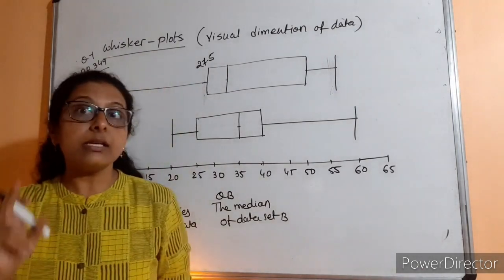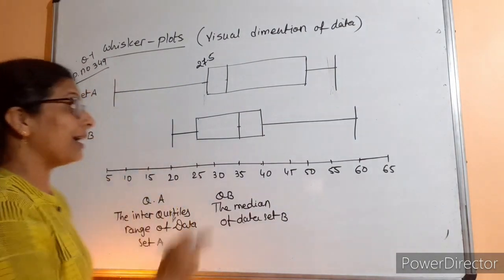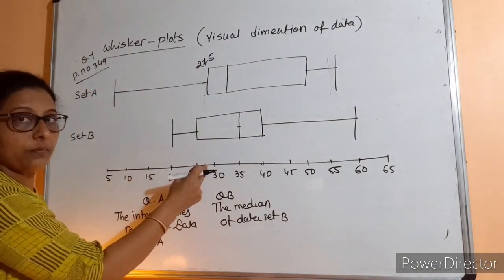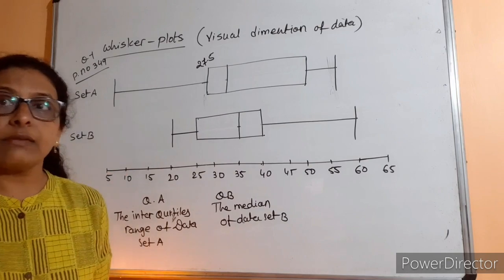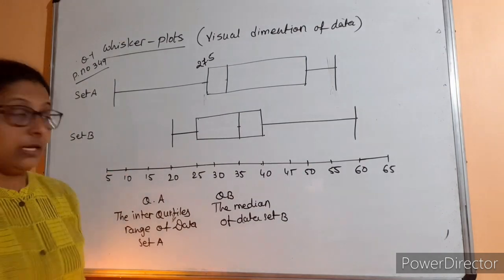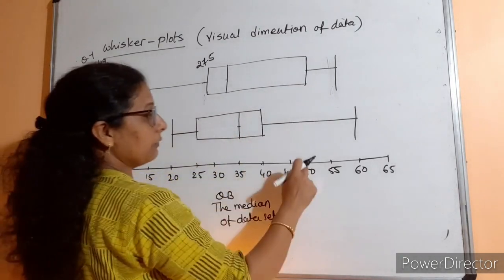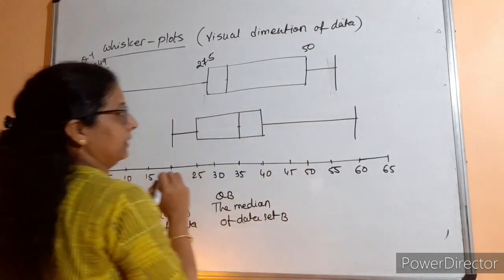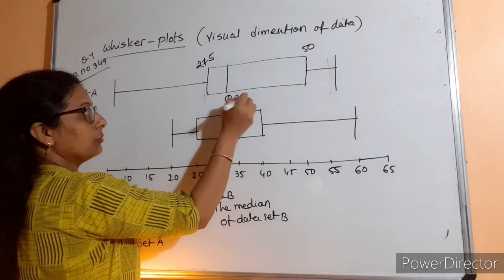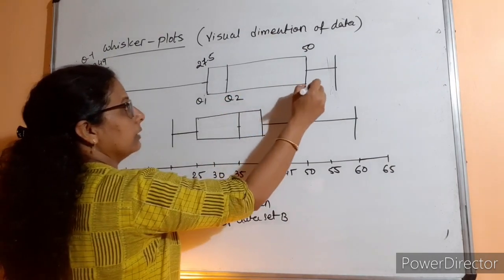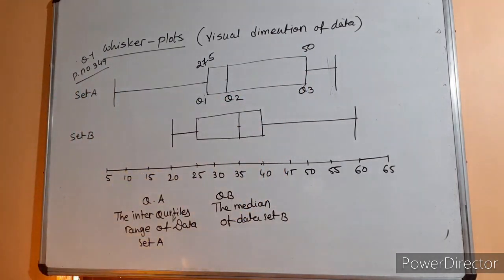Whenever it is given in the graph paper, you can find the exact value on the x-axis or whatever exact measurement is given. Here we can take approximate. Now this is 50. So what is it? Q2, Q1 and Q3. Right?